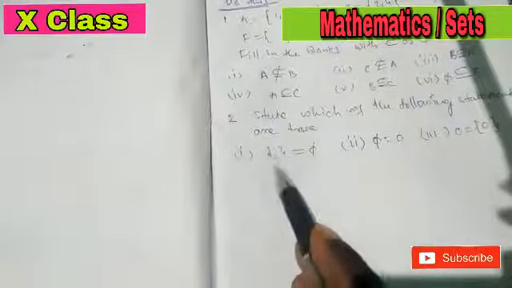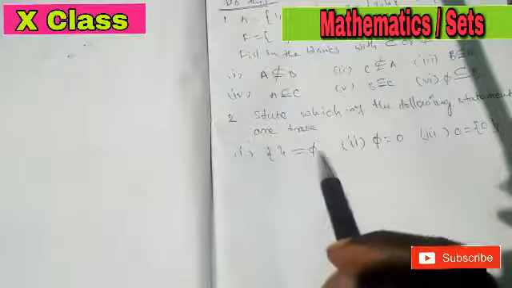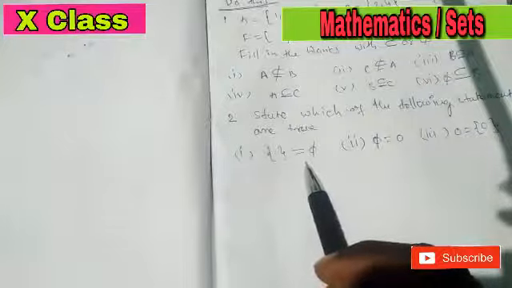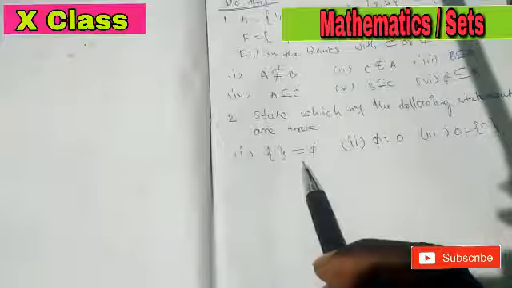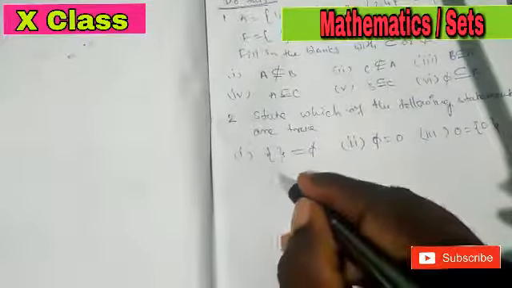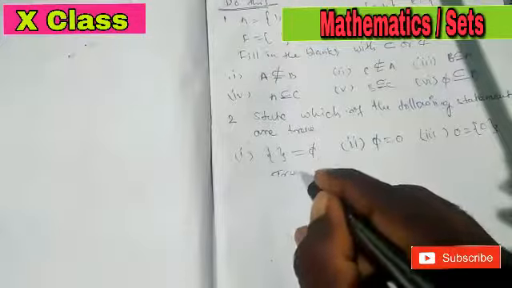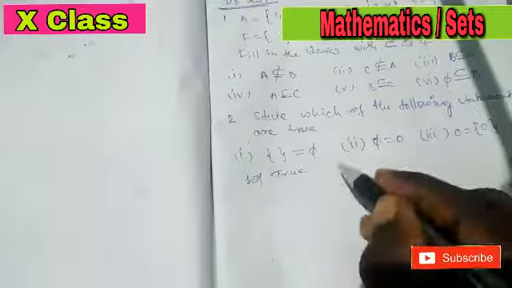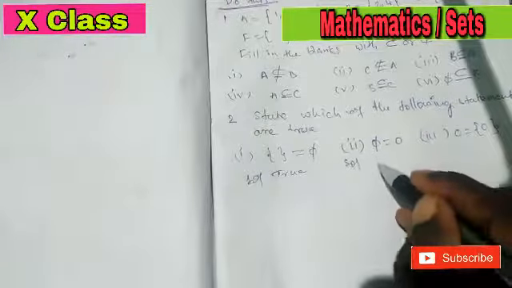See, first is flower brackets equal to phi. We represent the empty set with phi or flower brackets. So the first one is true. The second one is false.